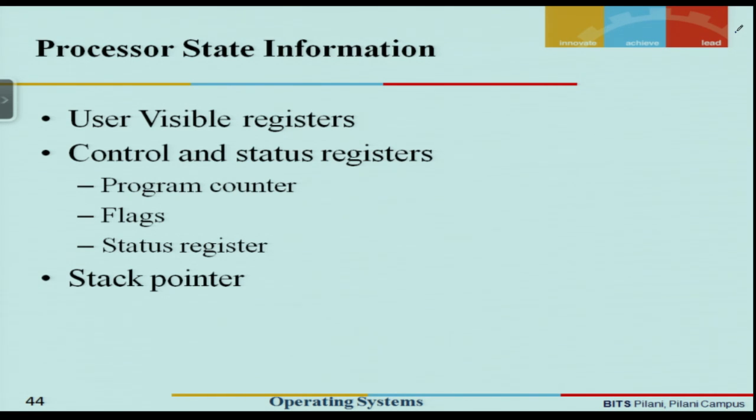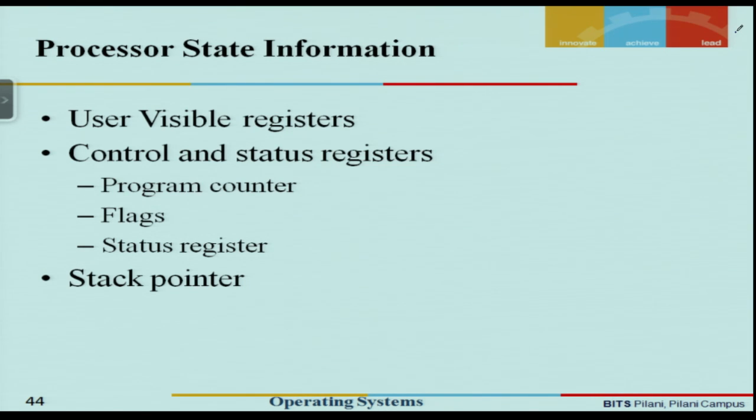Then whenever any arithmetic or logical operations are performed, flags are changed, and these flags are used for condition checking and branching. At any given point of time, certain conditions would have occurred, and that would get indicated with the help of what we call a status register.